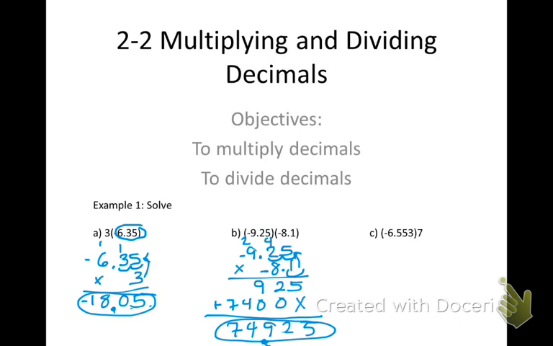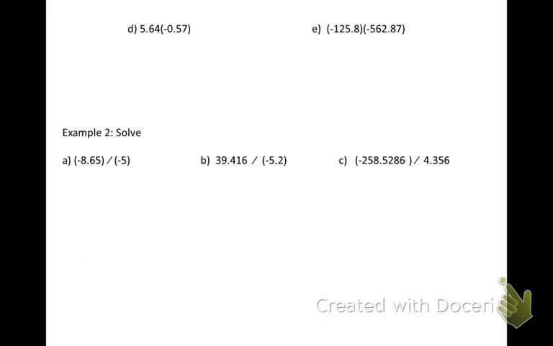I'd like you to try C by yourself and put me on pause, check out the answer, and when you're finished, we'll go to the next. Alright, your answer is negative 45.871. If you didn't do it correctly, check and see how you multiplied incorrectly. Alright.